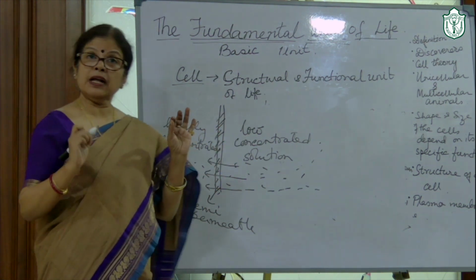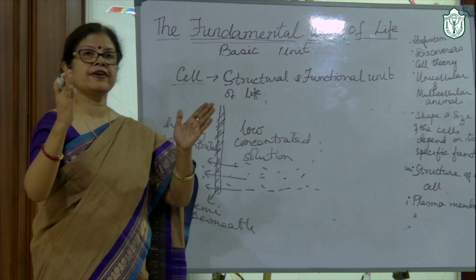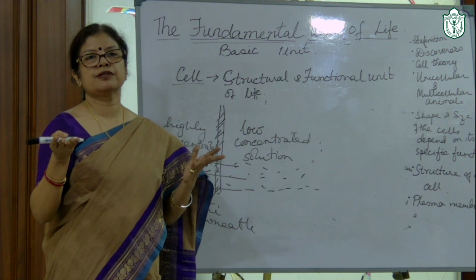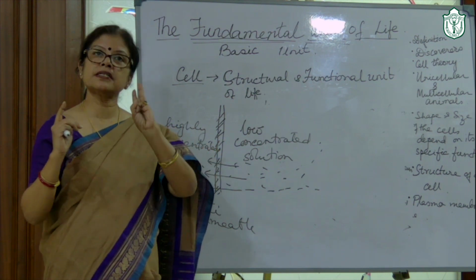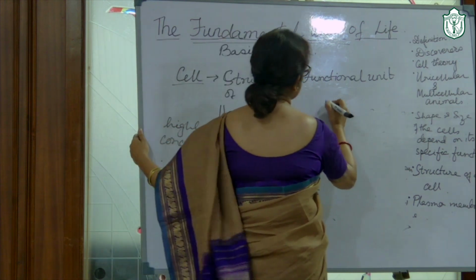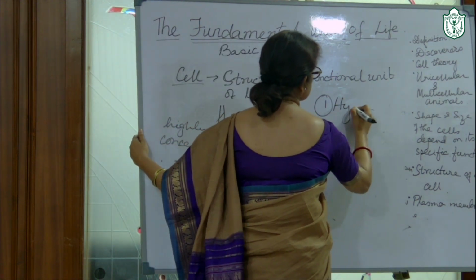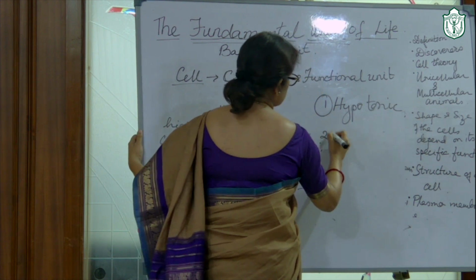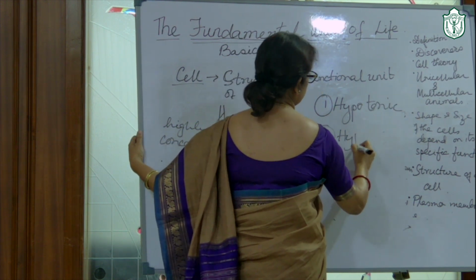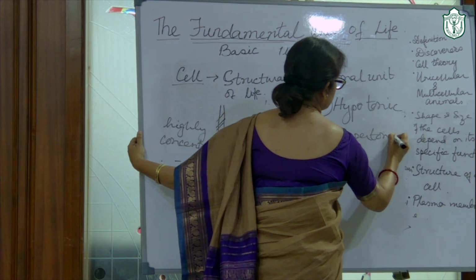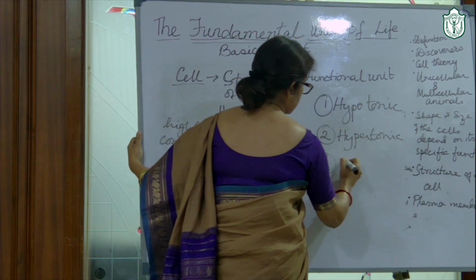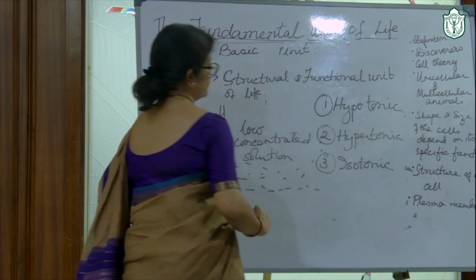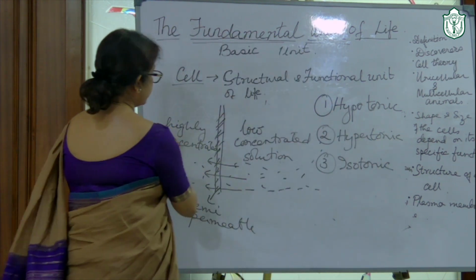So, based on this concentration, we can also use the term tonicity of a solution. We will be getting three types of solution. One is hypotonic solution, two is hypertonic solution, and three is isotonic solution. Hypo, hyper and iso.